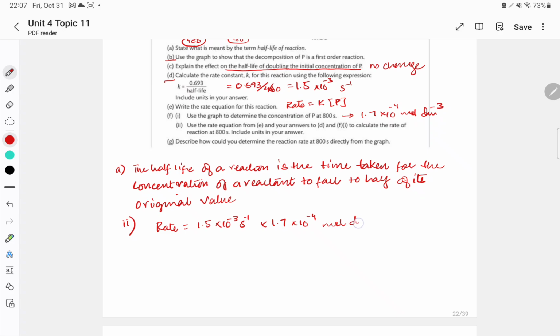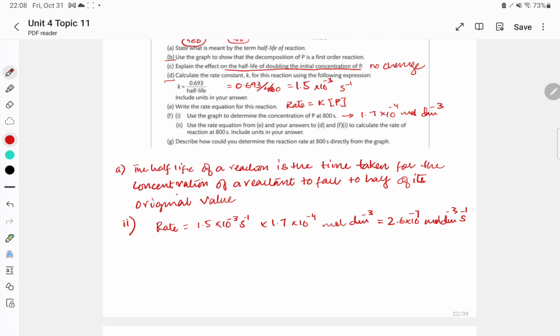The final answer is going to be 2.6 × 10 raised to power minus 7 moles per dm cube per second. So this is how you're going to find it out.